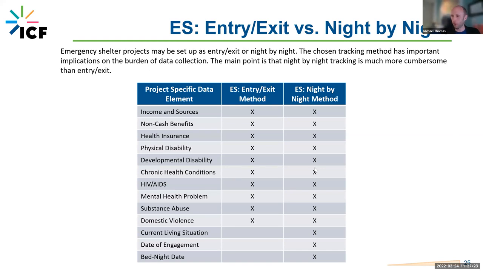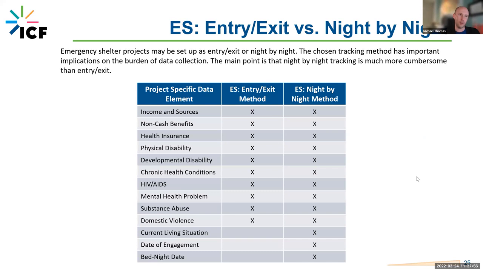I'm going to bring in another project type for a second. Current living situation and date of engagement are also used in street outreach projects, and they are notoriously hard to document elements in that project type. So it's kind of like you took two hard to document elements from one project type and put them into another project type that's already hard to get good data for. And it just makes it very, very difficult.